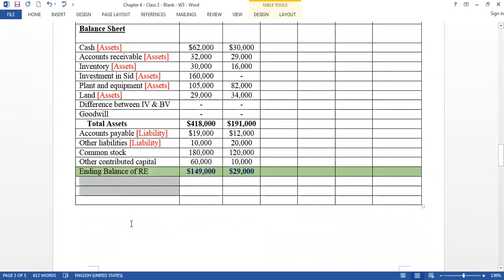We have to create a cell for NCI. So it's very simple. NCI beginning balance, and we should have NCI ending balance.